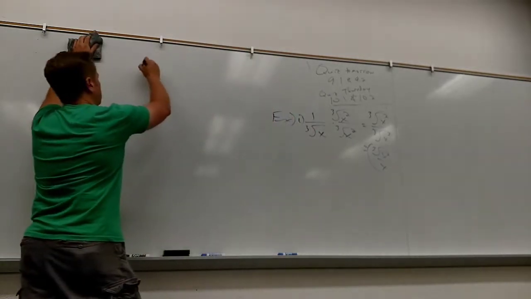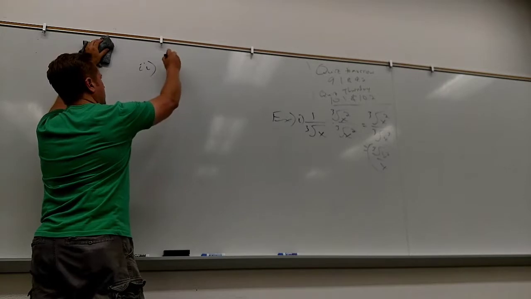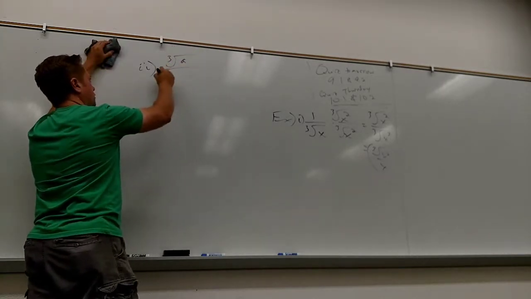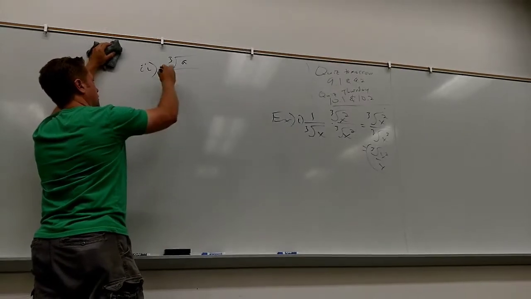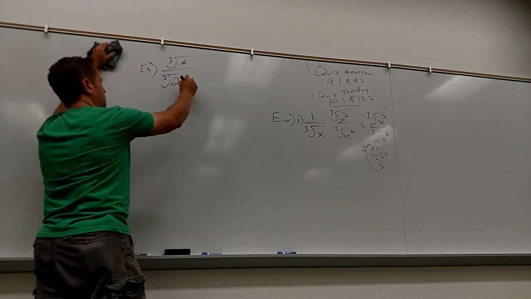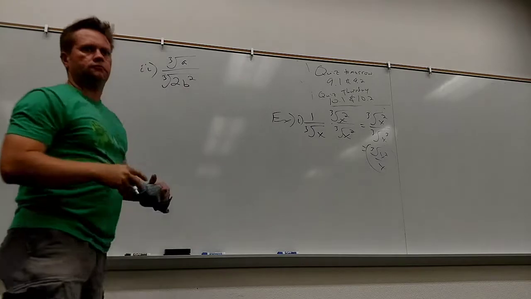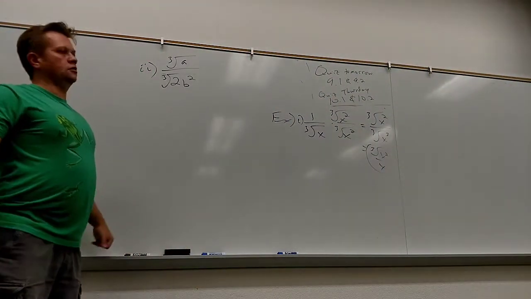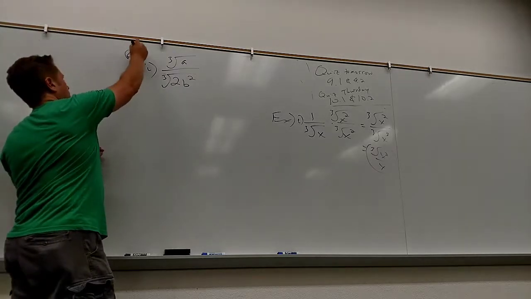Let's do example 2. What if I had the cube root of a over the cube root of 2b squared? The instructions say rationalize the denominator.